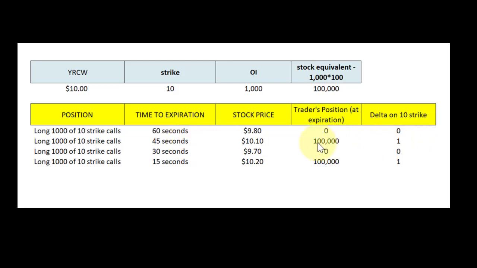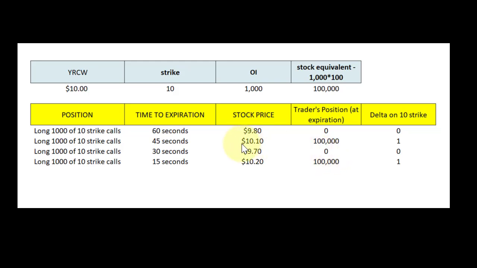What the trader needs to do is sell 100,000 shares, unless they want to be long 100,000 shares. If they sell 100,000 shares at 10.10 and they're long 1,000 from 10, they're going to lock in 10 cents. This example, long 1,000, 10 strike calls, 9.70. Trader's position at expiration is zero.